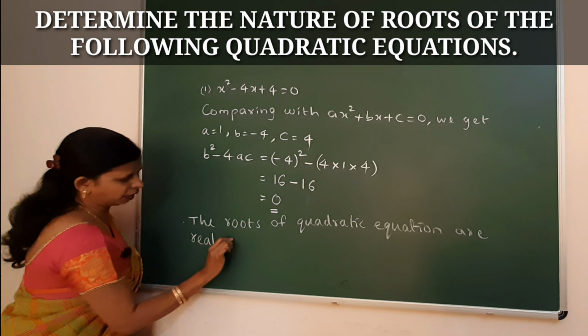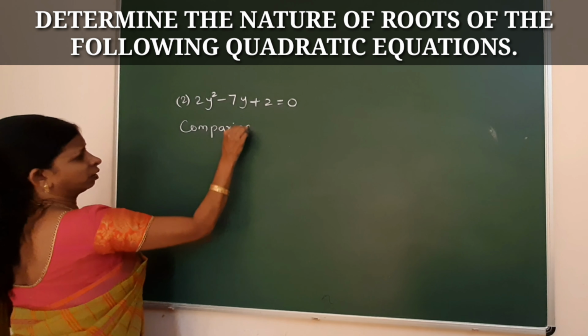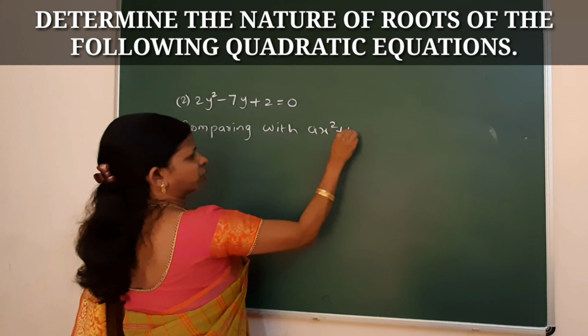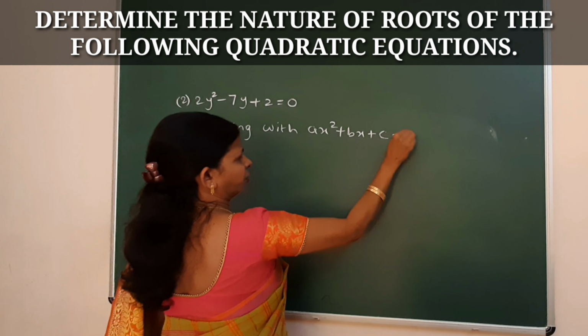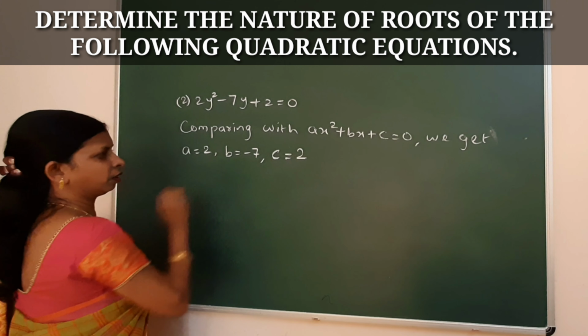Second sum, 2y square minus 7y plus 2 equal to 0. We will compare this with general form ax square plus bx plus c equal to 0. We get a is equal to 2, b minus 7 and c is equal to the constant term.